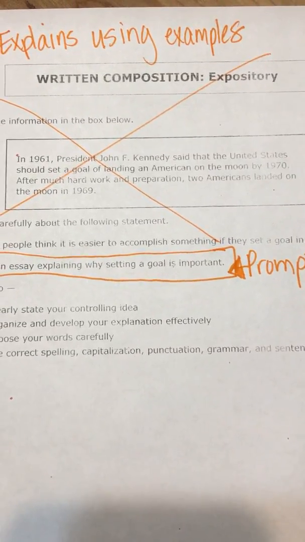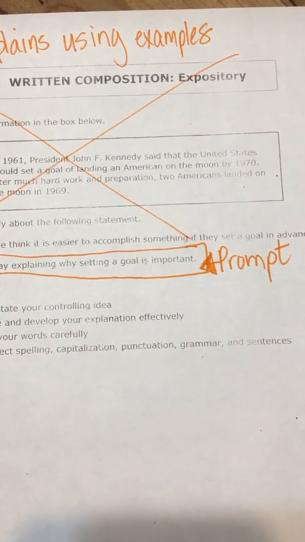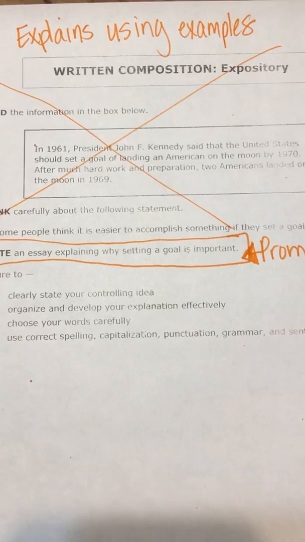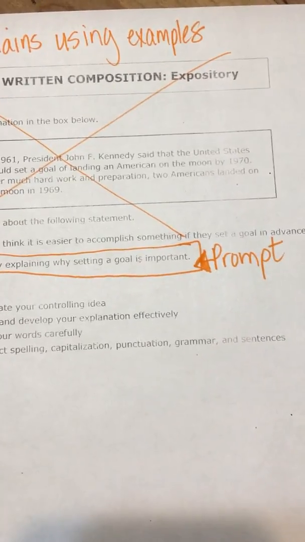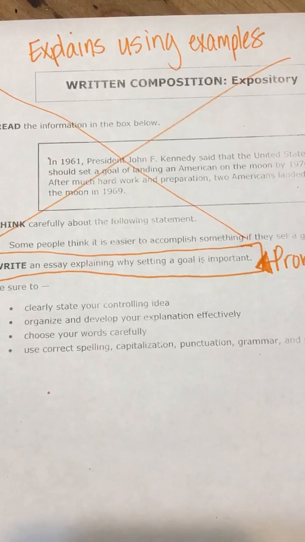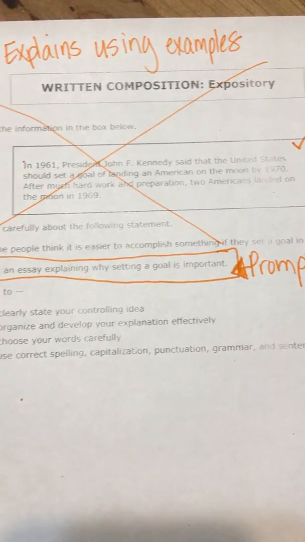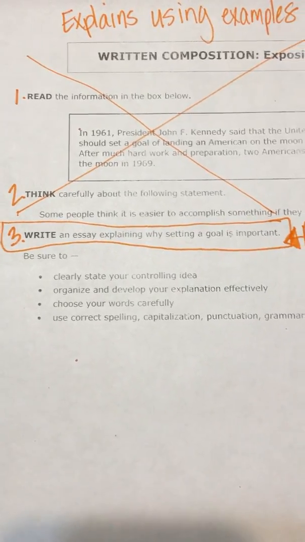In 1961, President John F. Kennedy said that the United States should set a goal of landing an American on the moon by 1970. After much hard work and preparation, 2 Americans landed on the moon in 1969. Okay, so I'm going to check that off because I read it, and I'm thinking about that quote. That's just to get me to start thinking about goals.